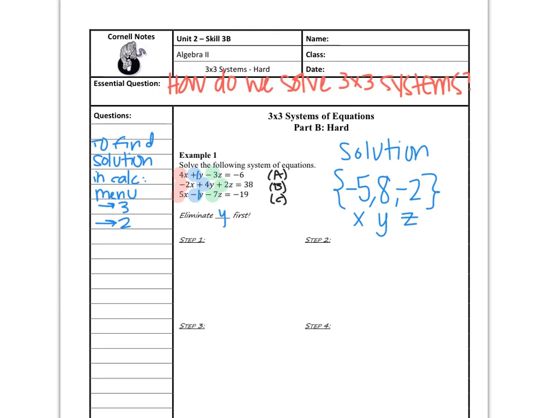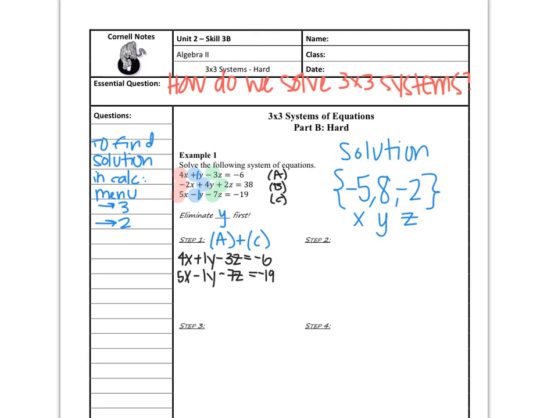So we're going to eliminate y, and we're going to do this by probably starting with equation A plus C, because as I mentioned before, A and C can cancel very easily on those y terms, just the way that they are. We don't have to multiply by anything, because they are the same number and opposite signs for those coefficients. So I have 4x plus 1y minus 3z equals -6, and then we have 5x minus 1y minus 7z equals -19.